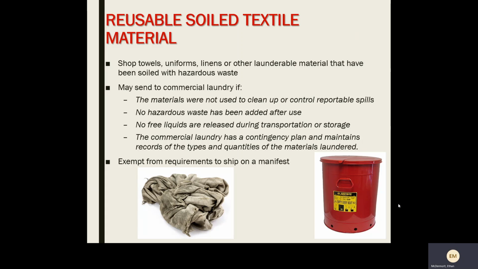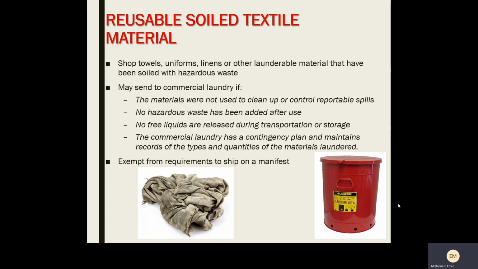2, no hazardous waste added after the original use. So you can't dump your used oil into your dirty shop rags instead of accumulating it into your waste drums. 3, no free liquids should be released during storage. So that is, the rags can't be dripping liquids when they're being stored. And 4, the commercial laundry has a contingency plan and maintains records on the materials that are laundered.